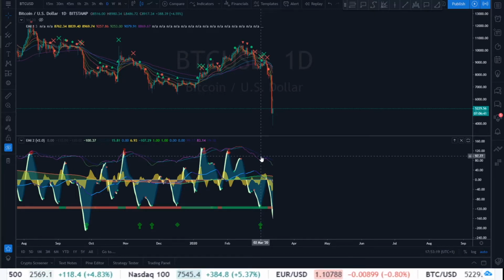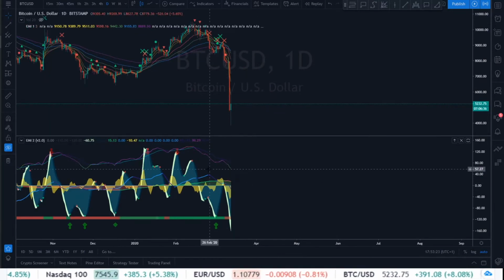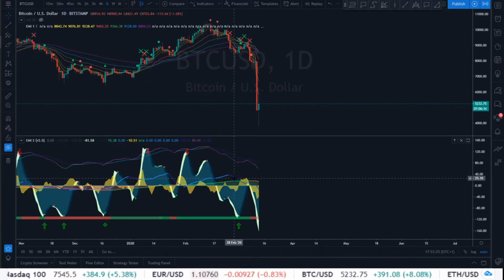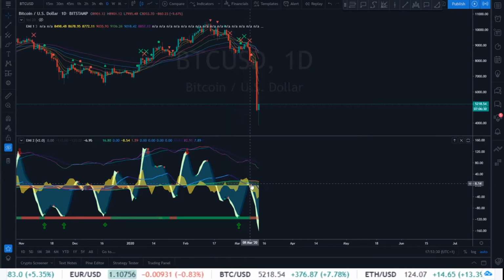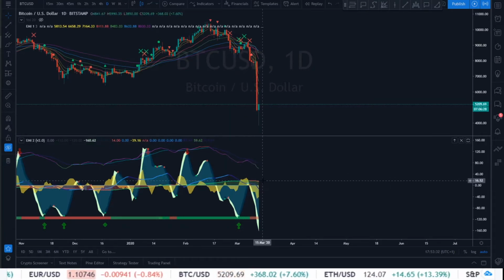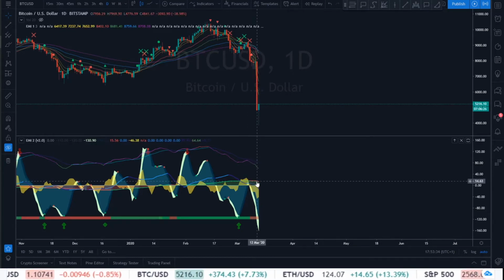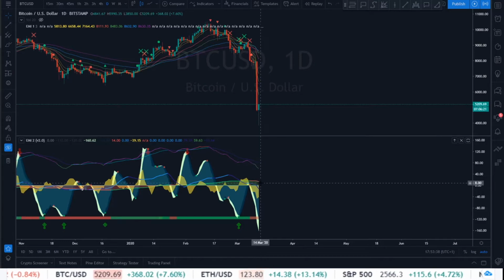However, I haven't told you guys about the volume flow, or some might like to call it money flow. And this is the money flow velocity. So this is the velocity of how much or how fast it's increasing or decreasing.